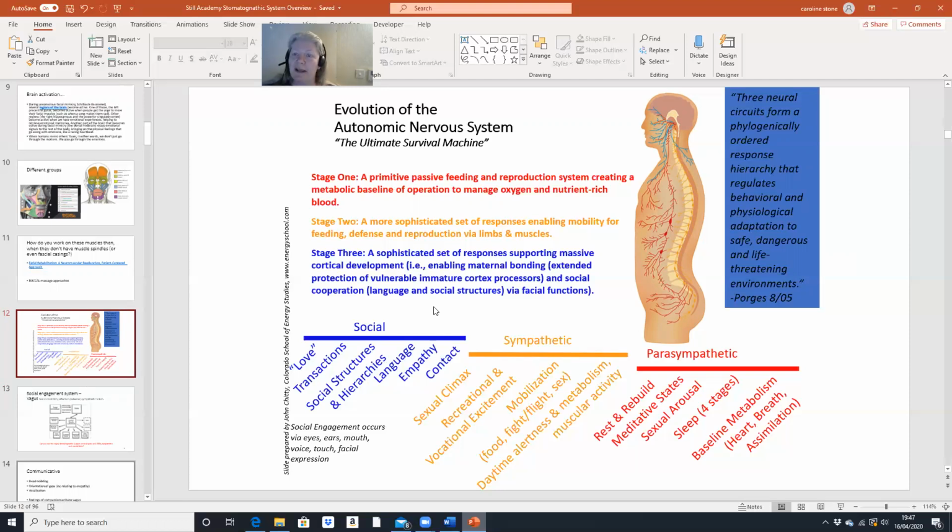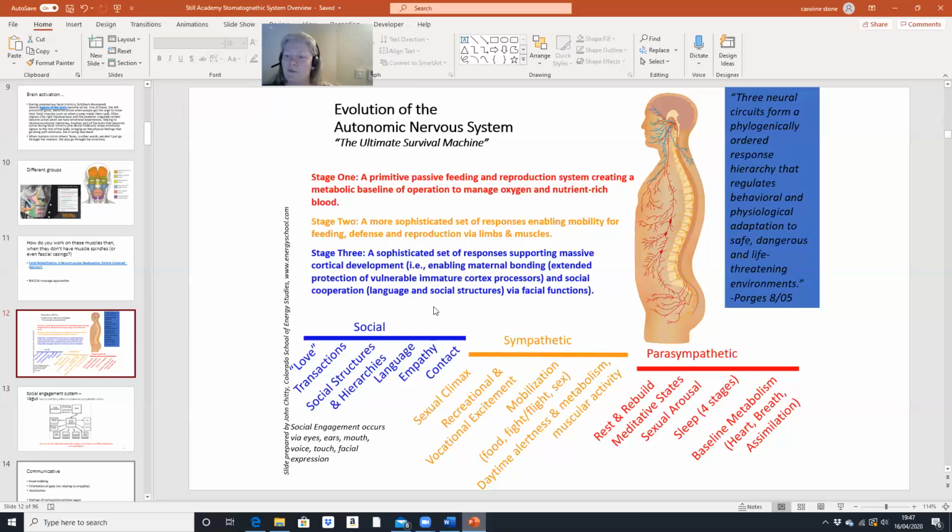And so we never actually get to use the third part. Rather than this sort of awkward interplay between sympathetic and parasympathetic, we never quite get to use our social component, our third set of nervous structures, the hierarchy which came later in terms of evolution, about how we can display empathy, how we can have communication, how we can use language, and so on.